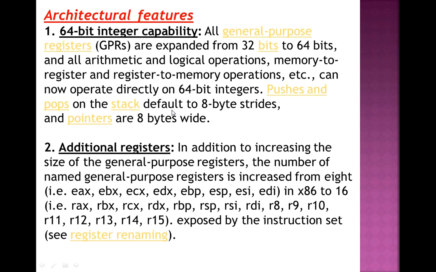Next, what are the features that x86-64 provides? First, it has 64-bit integer capability. All general purpose registers, that is GPRs, are expanded from 32 bits to 64 bits, and all arithmetic and logical operations, memory to register and register to memory operations, and so on can now operate directly on the 64-bit register.